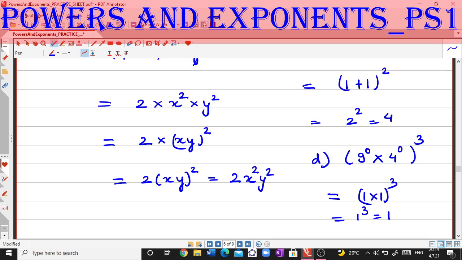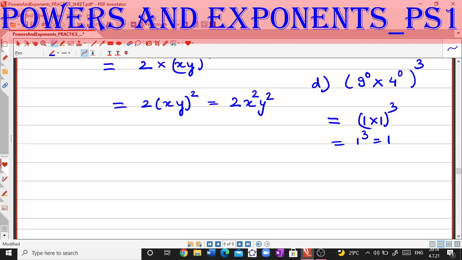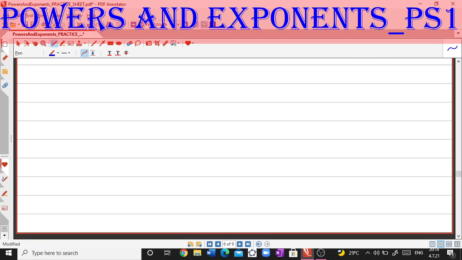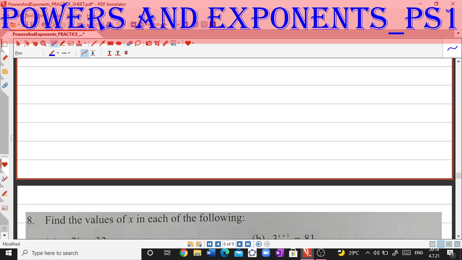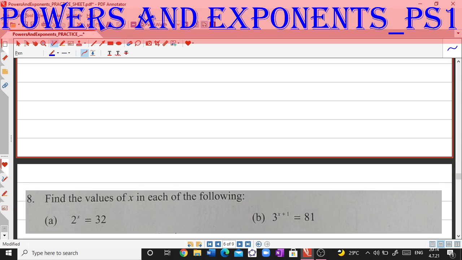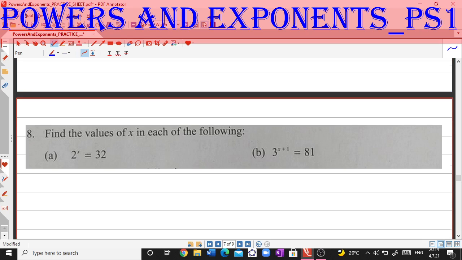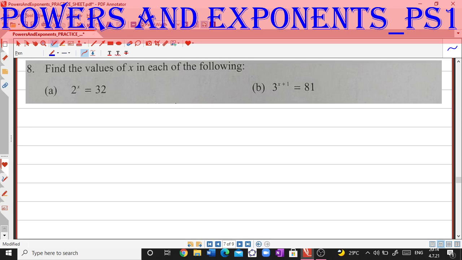So like this you have to solve. See the beauty of powers and exponents, the beauty of these rules. Once you remember this and once you practice it, you learn the art of applying these rules, and the questions become very easy. So here is another question. Here we have to find the value of x in each of the following. So let's try to solve it. First one is 2 to the power x equals 32.